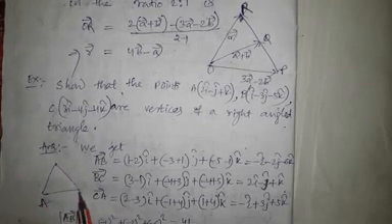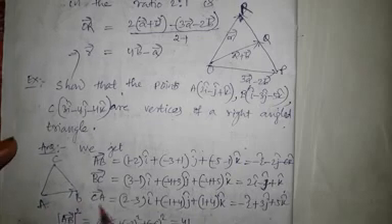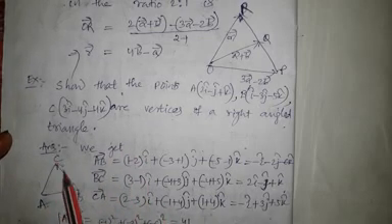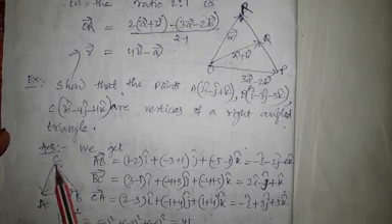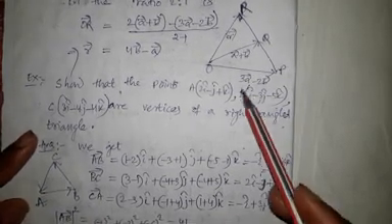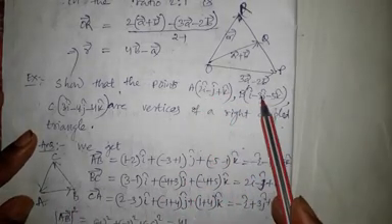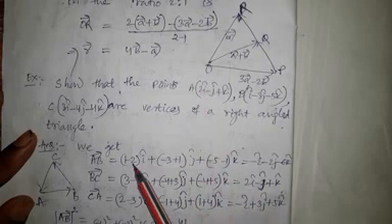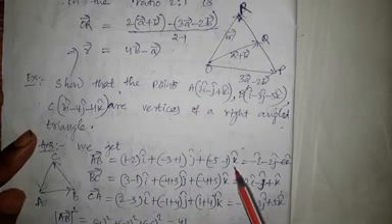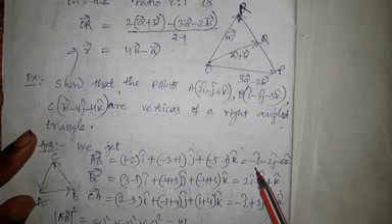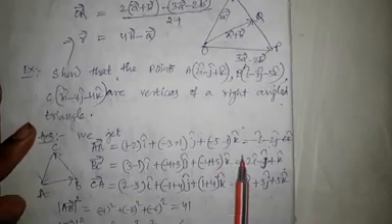This is ABC; AB vector means B minus A, BC vector is C minus B, and the CA vector is equal to A minus C. So AB vector is (1 minus 2) i cap, (minus 3 plus 1) j cap, (minus 5 minus 1) k cap, that is minus i cap minus 2 j cap minus 6 k cap.